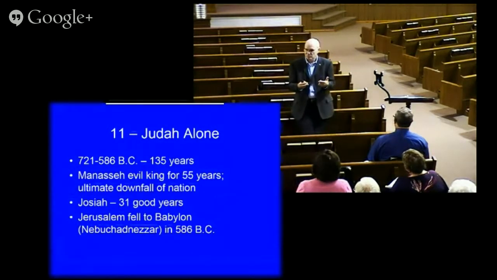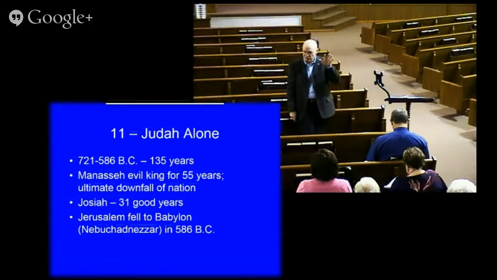Manasseh was the most evil king in the southern kingdom. He reigned for 55 years, and it's because really of his reign that brings the ultimate downfall of the nation, what he set in place. Josiah was a good king, reigned after him 31 years. Then Jerusalem fell to the nation of Babylon, Nebuchadnezzar, 586.